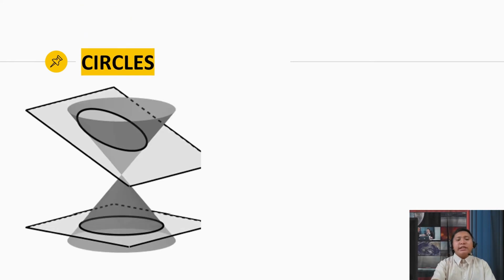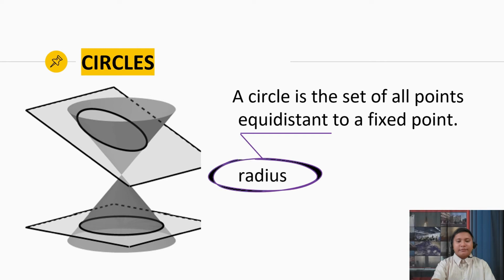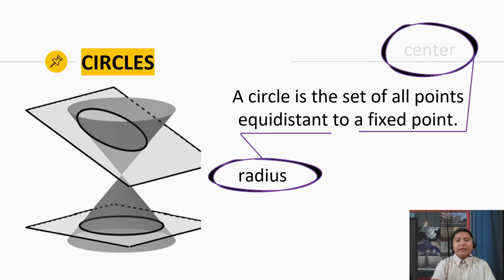Okay, let's formally start with circles. By definition, a circle is the set of all points equidistant to a fixed point. That distance is the radius, and our fixed point represents the center.